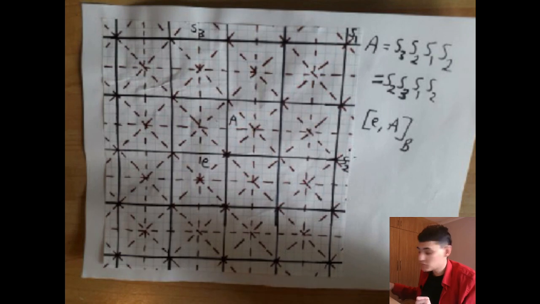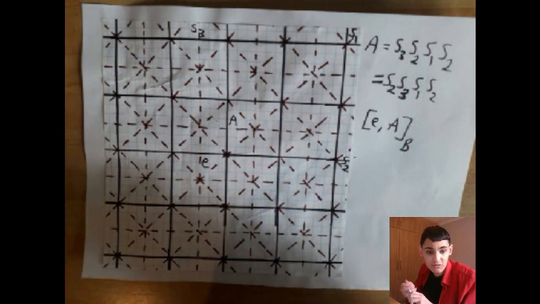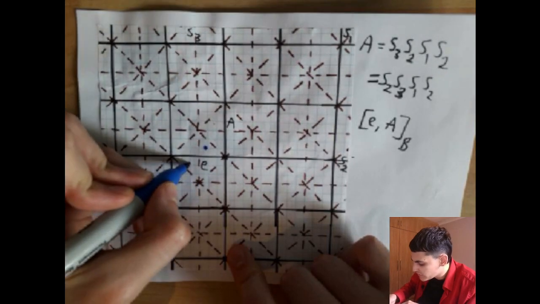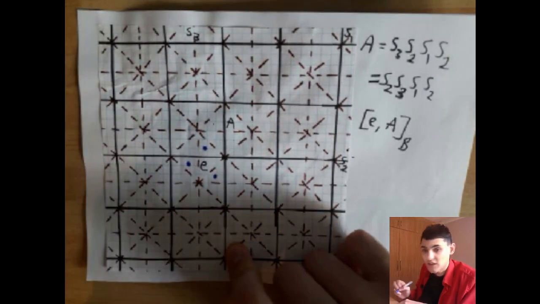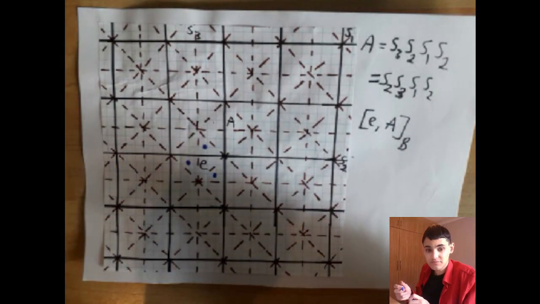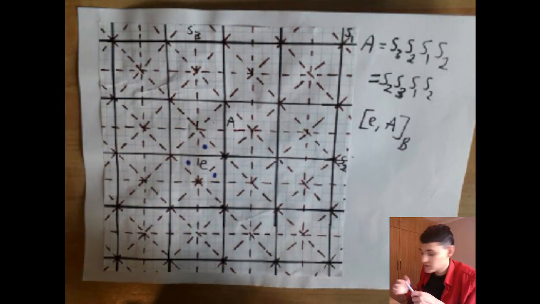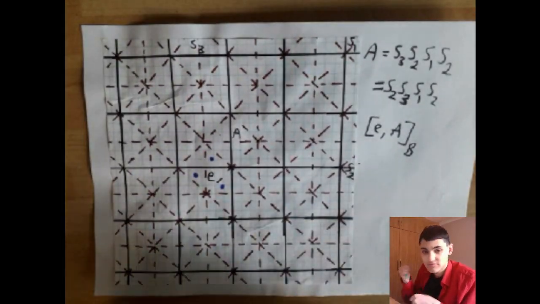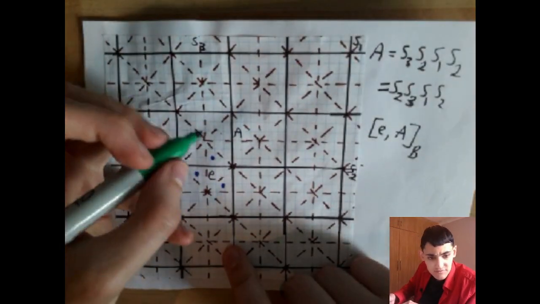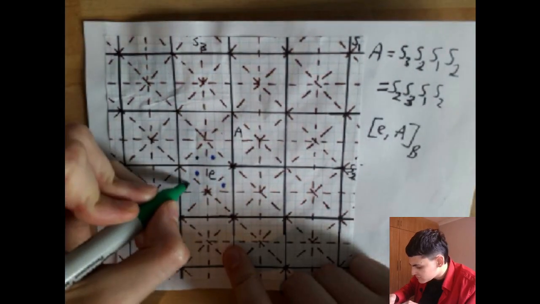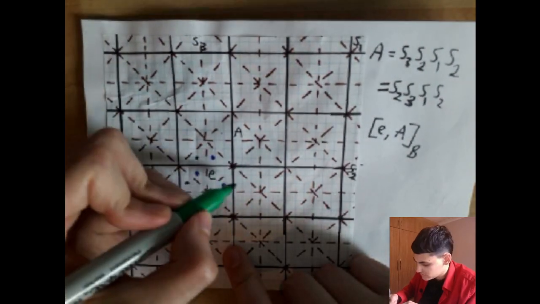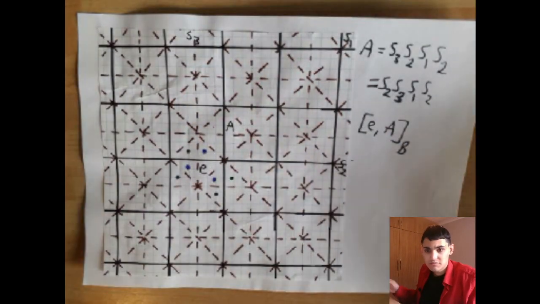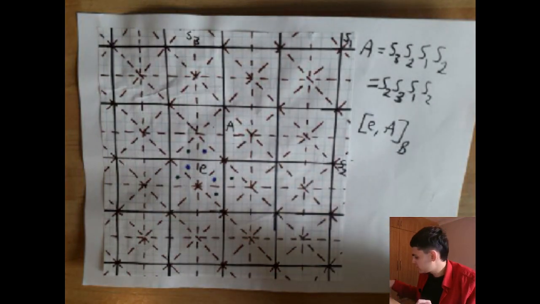First of all, blue represents a chamber that is one chamber away from the identity. Green represents 2.